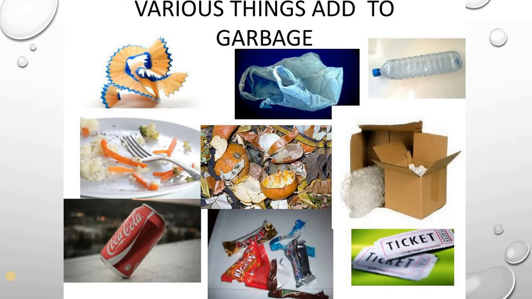Many old and useless metal objects, such as aluminium foil, used tickets, and rusted iron wheels and door handles, finally become garbage. Nowadays we are using e-tickets, but previously train and bus tickets were paper, and after using them they become useless. The old clothes, discarded shoes and slippers are also thrown away as garbage.